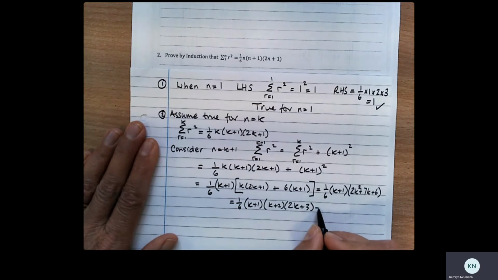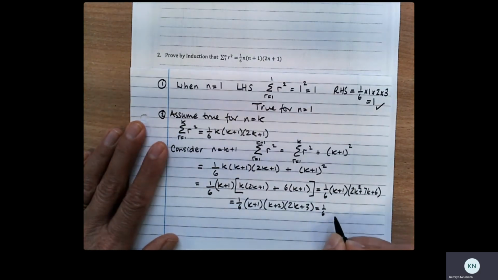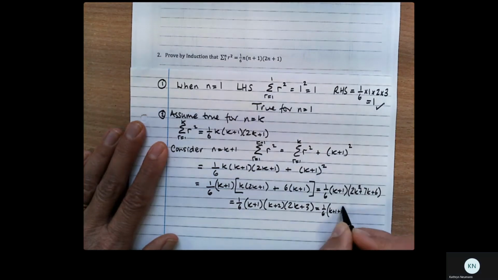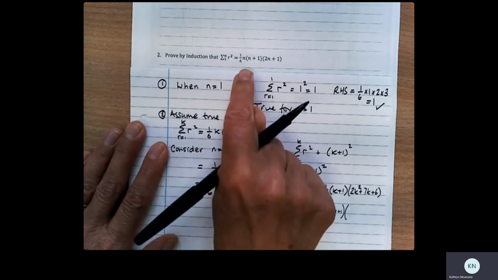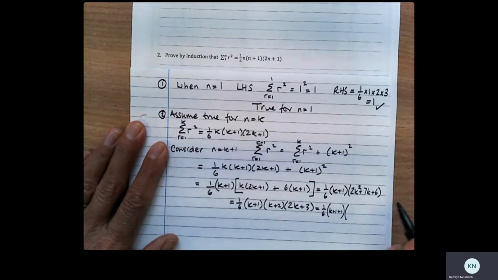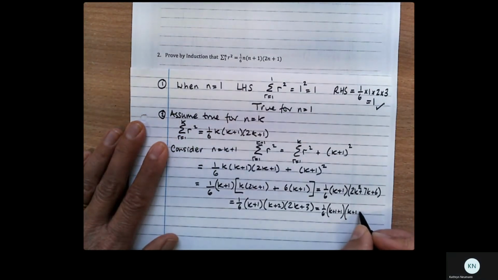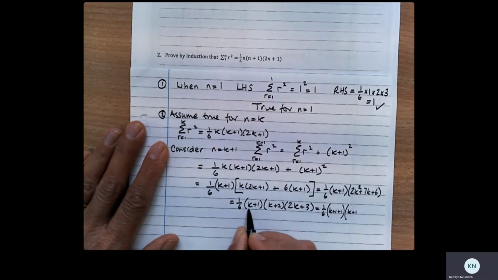And that is equal to 1/6 k plus 1 plus 1. So remember, we're trying to get this expression, but with k plus 1 in place of the n's. Oh, wait a minute. We've got 1/6 k plus 1.